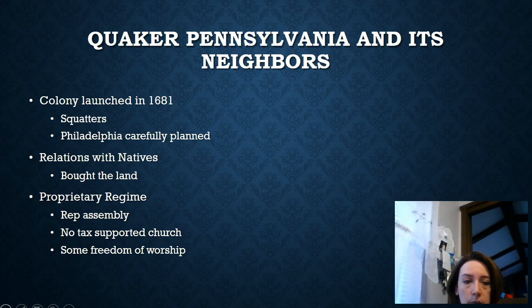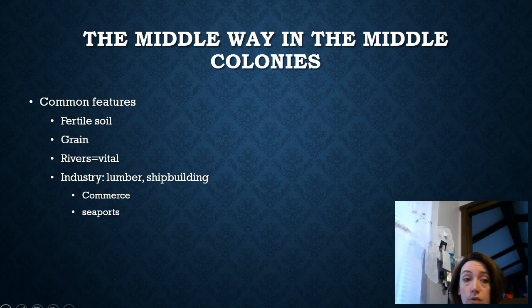So he goes to the Native Americans and actually pays them for the land. So for a while, Pennsylvania was very tolerant, not just as a haven for Quakers and other people who didn't quite fit in, but also for the Native Americans, because they felt they were treated more fairly in Pennsylvania. So it's a colony that many actually migrate to for that.